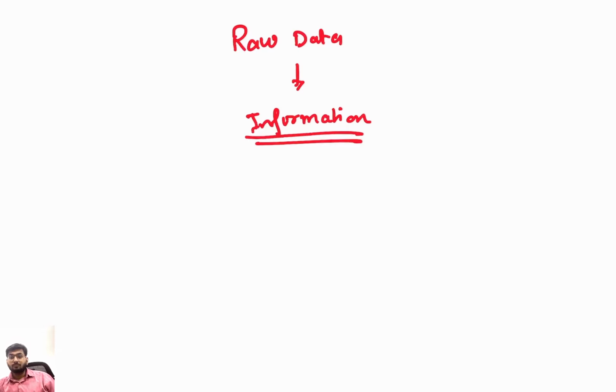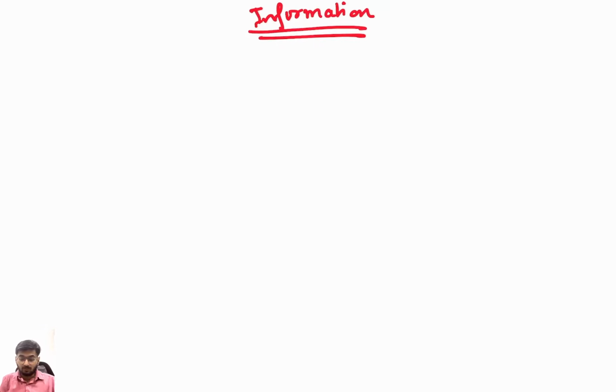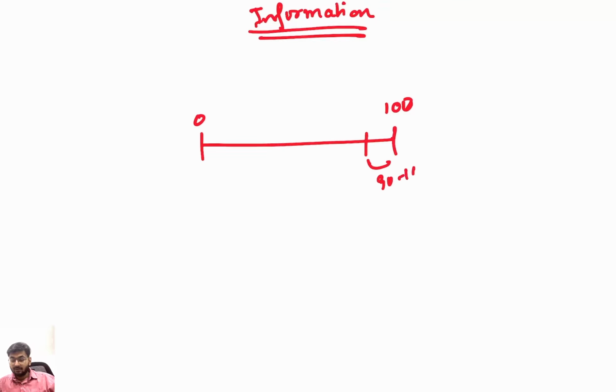One thing is clear: when you are giving a score, there must be ratings, a bar. Like if you give an exam, there is a score of 0 to 100. If you are between 90 to 100, you are considered excellent. If you are 80 to 90, you are good.